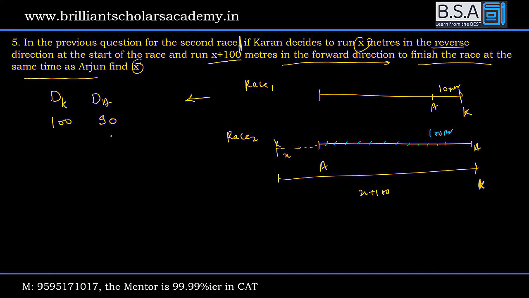So see, how can I convert this into 100? Can I multiply 100 upon 90? If I multiply by 100 upon 90, this becomes 100. I will have to multiply here by 100 upon 90. You will need a calculator for this. It is perfectly okay. 100 into 100 upon 90. What will this come to? Let me observe.